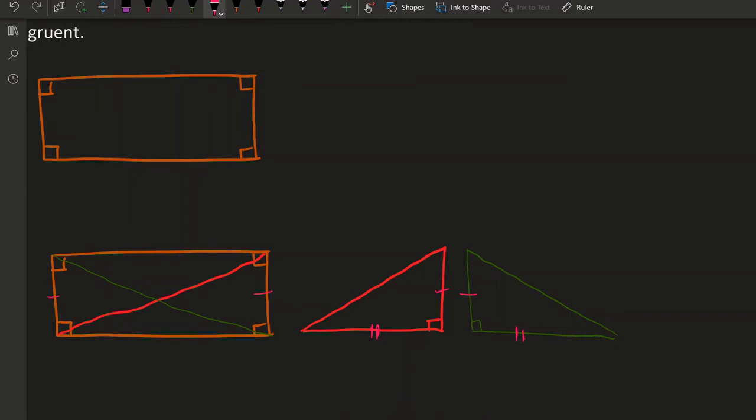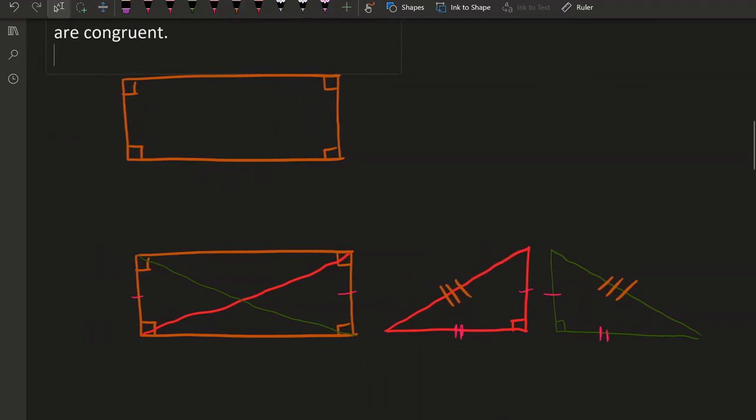This leads us to show that these 2 triangles are congruent by using side angle side. Since the two triangles are congruent using CPCTC, I know that this side has to be congruent. And this leads us to the one big thing about rectangles, is that the diagonals of a rectangle are congruent.